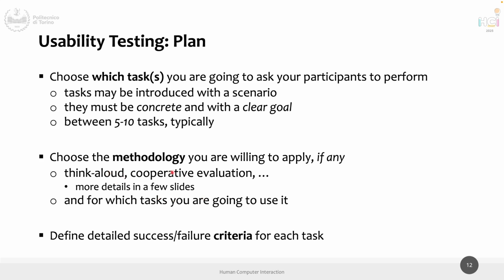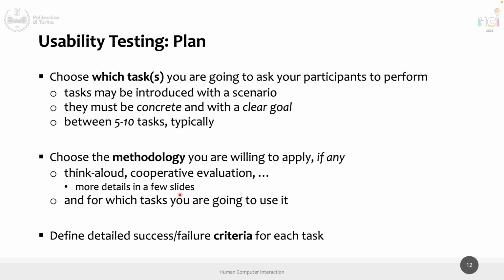Cooperative evaluation is another methodology, and I will give you some detail in the coming slides. You have to choose if you want to apply them, and which one you want to apply, but also for which task you're going to use it. So it may make a lot of sense for one or a couple of tasks to use think aloud and not to use any methodology for other tasks.